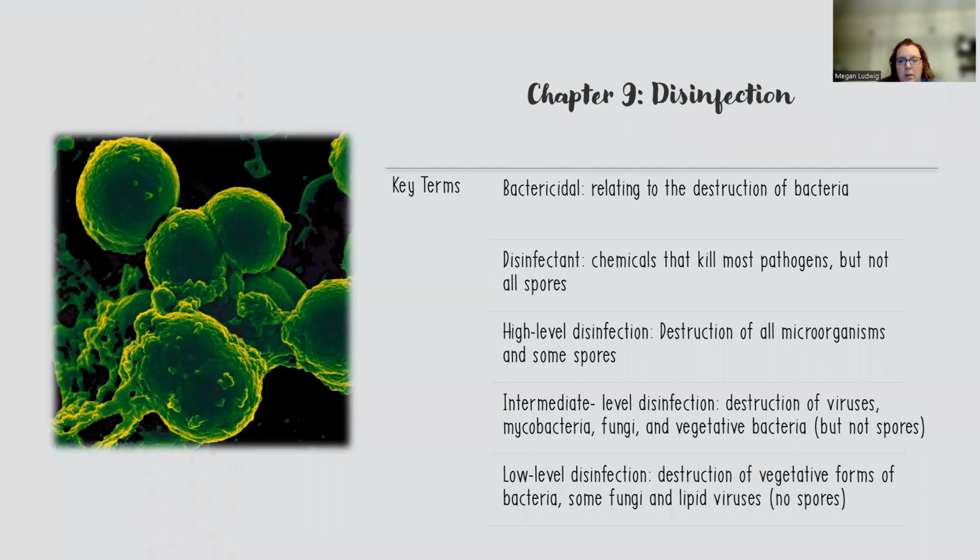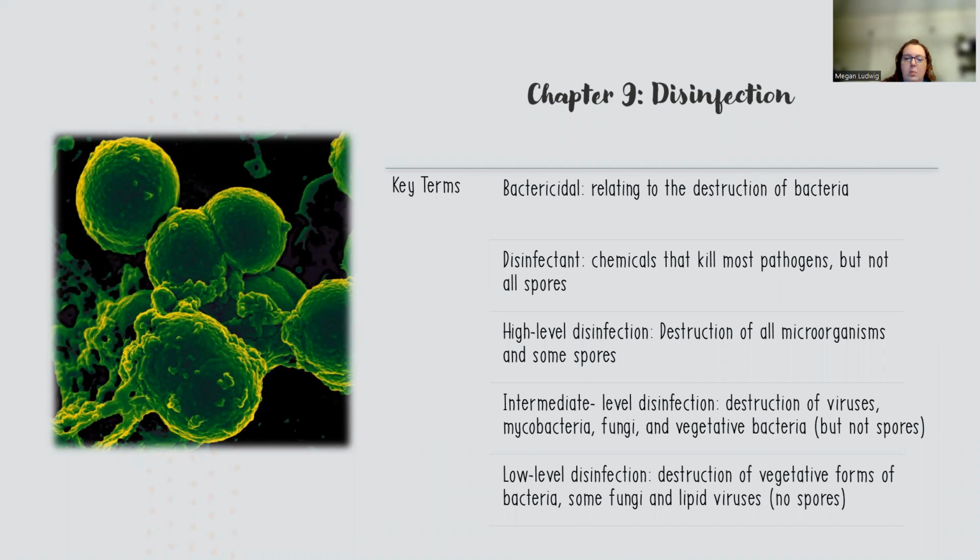So disinfectant is a chemical that will kill most pathogens, but remember, not spores, because the only way spores are killed is through the sterilization process. A high-level disinfectant is the destruction of microorganisms and some spores, but not all. So the appropriate solution would have to be chosen for that.